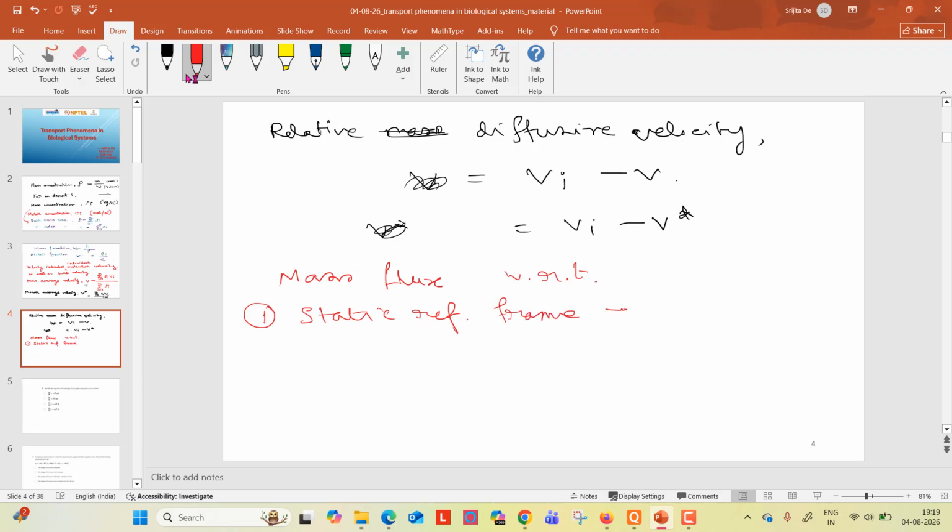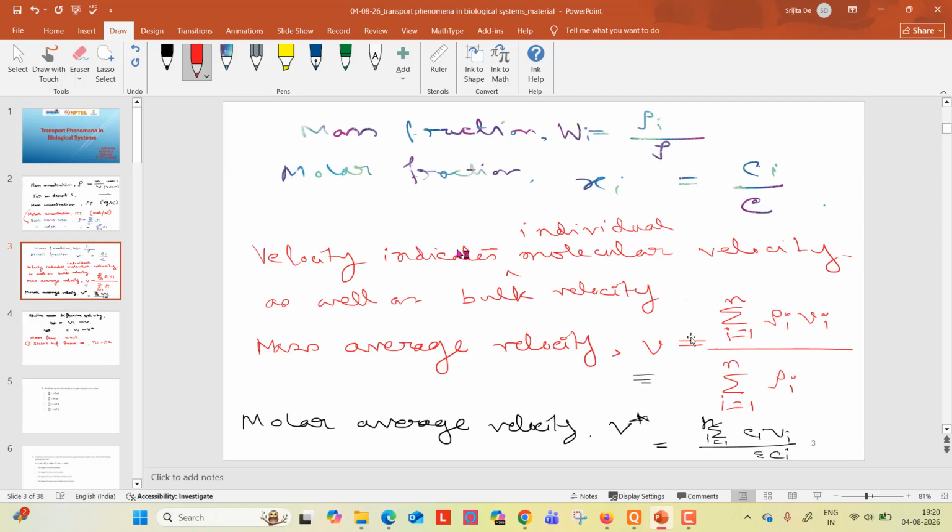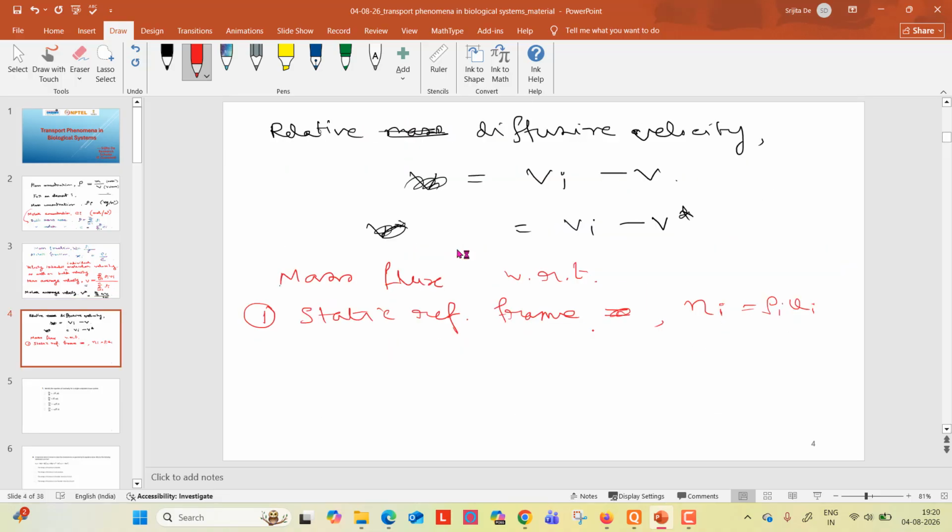Okay, what is it? It will be defined as Ni equals rho i ui. So that is the numerator of the mass average velocity, right? How is it matching? So we know mass flux.